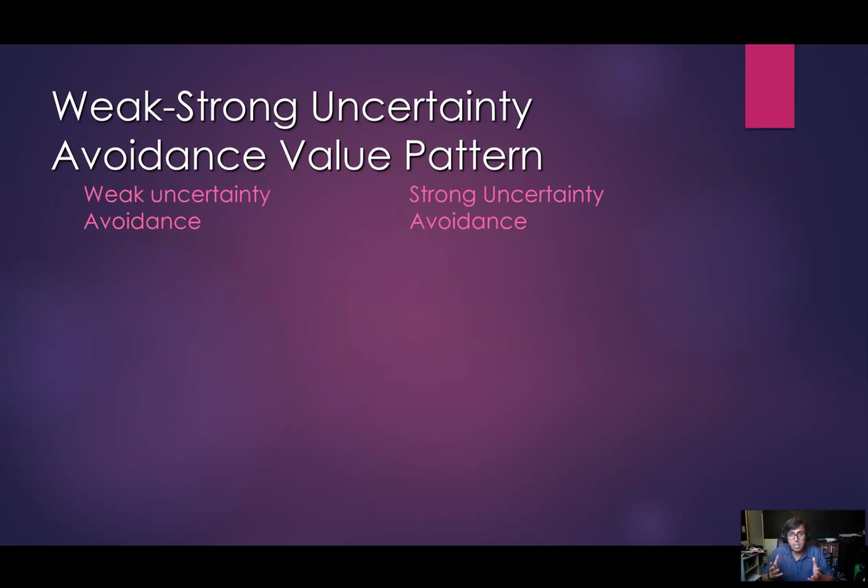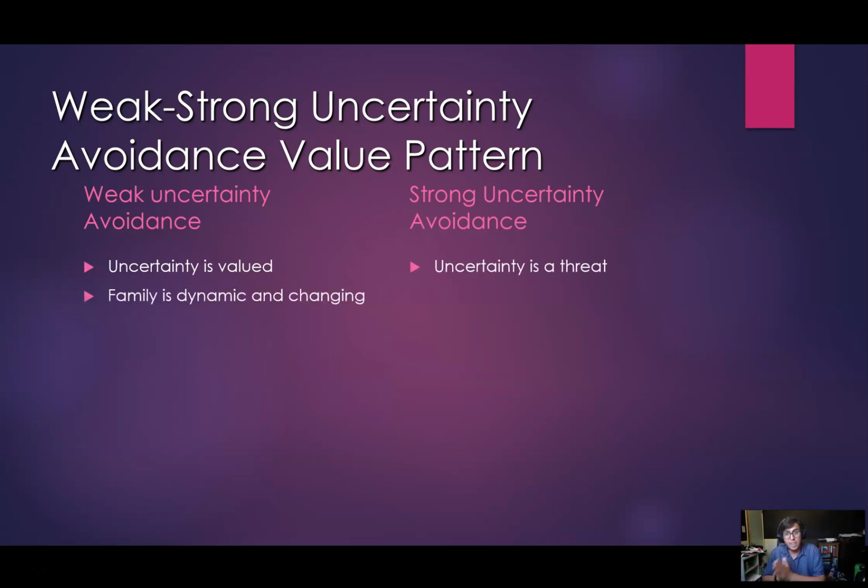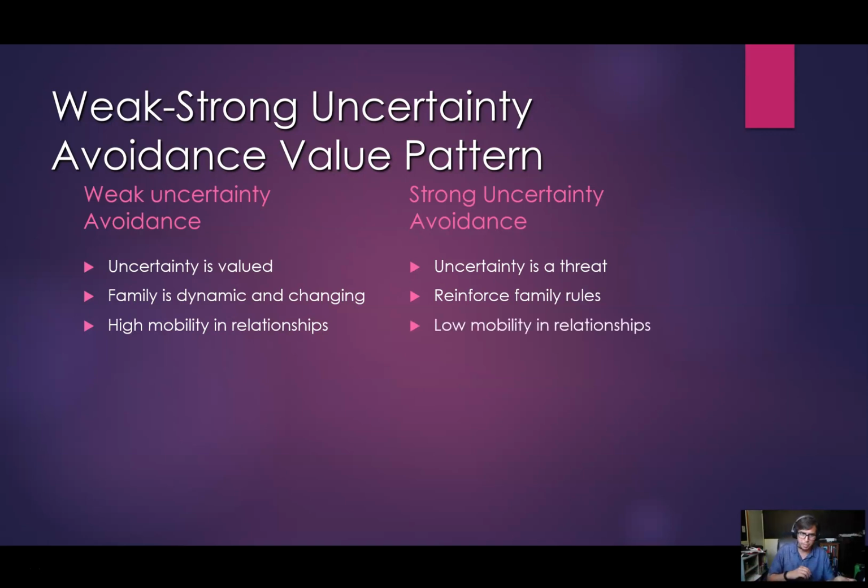We also have weak uncertainty avoidance. So some things that identify these: in weak uncertainty avoidance cultures, uncertainty is valued. In strong uncertainty avoidance cultures, uncertainty is a threat. Family is dynamic and always changing, creating some uncertainty, but in these other cultures, they reinforce family rules that we cannot change the relationship. High mobility in relationships, low mobility in relationships.